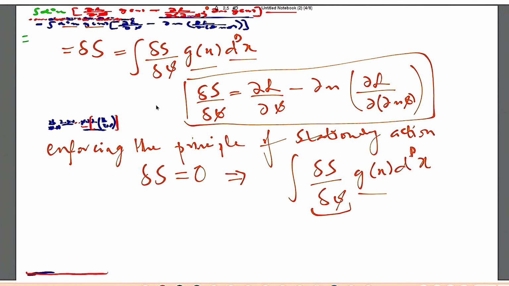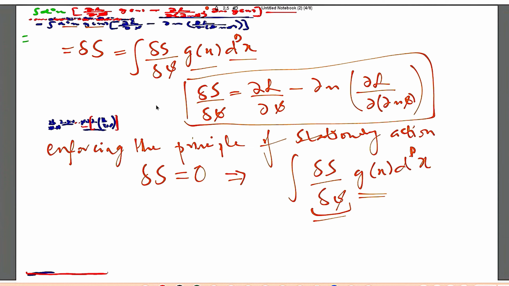So there is something that is making this integral equal to 0. It could be either g of x or this thing, and since g of x is arbitrary, you cannot assign something to arbitrary things.